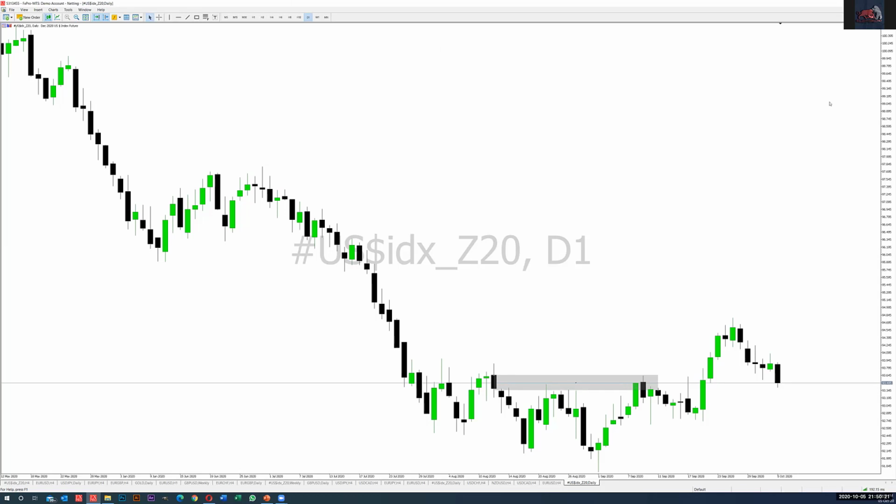So we've got the last up candle, and then we have an impulsive move away, which closed way below, meaning this is our what? Our supply zone.